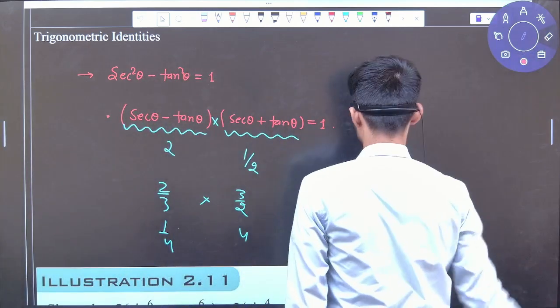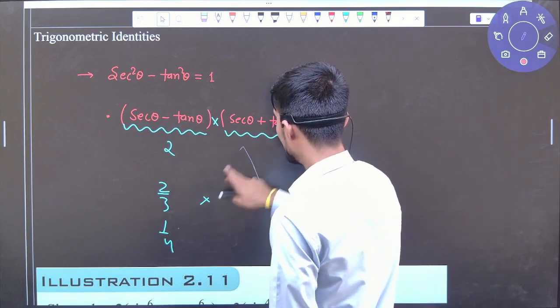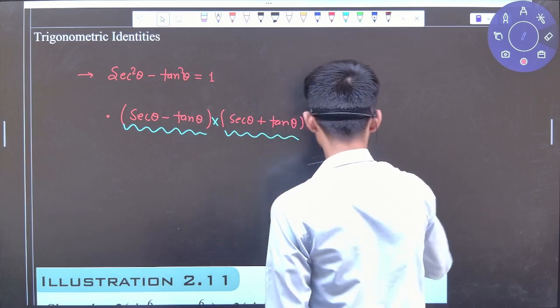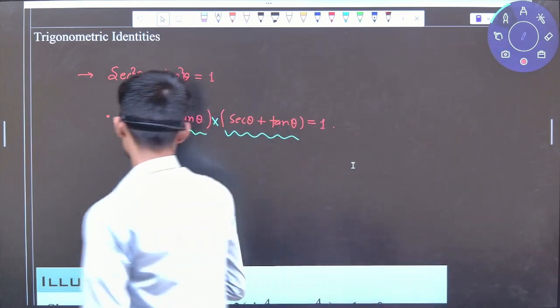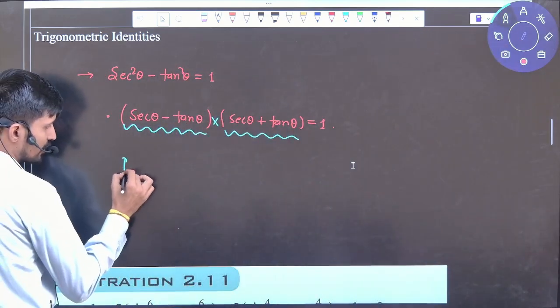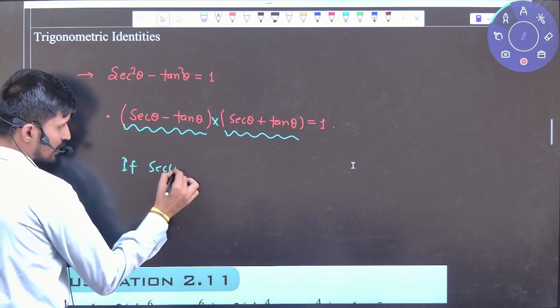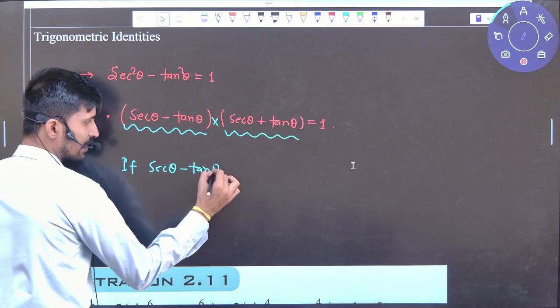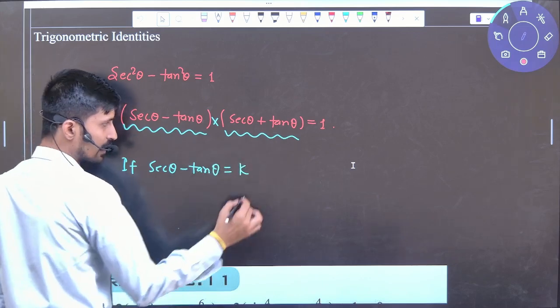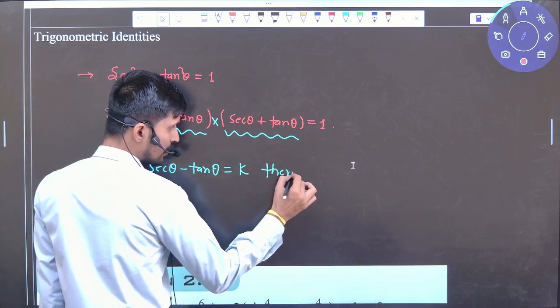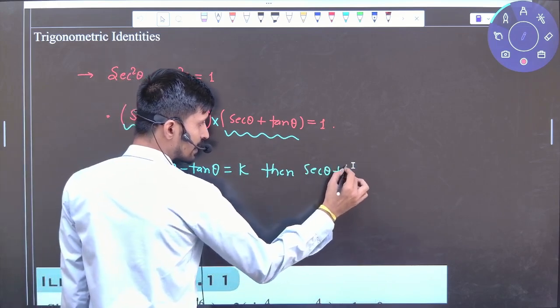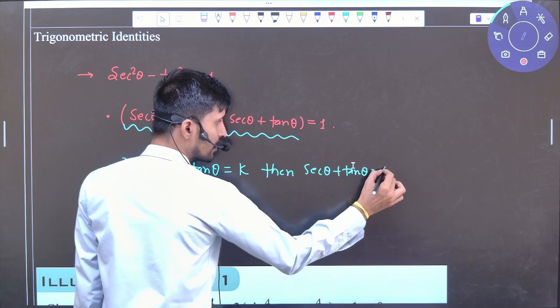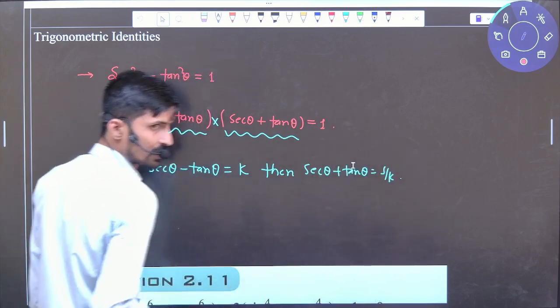So what we are learning here: if you know the value of sec theta minus tan theta as k, then the value of sec theta plus tan theta will be 1 by k, first thing.